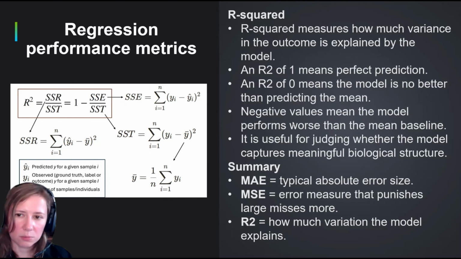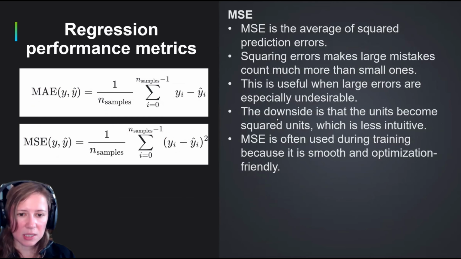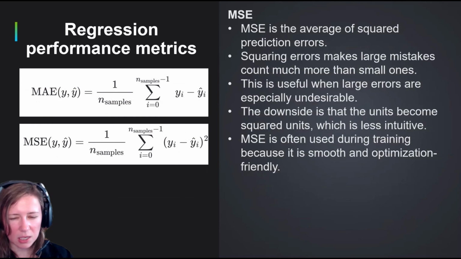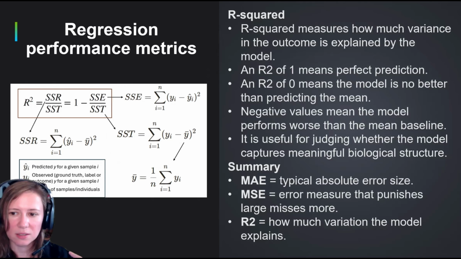This is a lot more intuitive because MAE and MSE can be any number from 0 to infinity. So sometimes if you don't know the range of your outcome or how big is a bad MAE or MSE, R-squared is perfect because we get back to that 0 to 1 range. You can also have negative values sometimes if the model is predicting exactly the opposite of what it should be predicting, right?